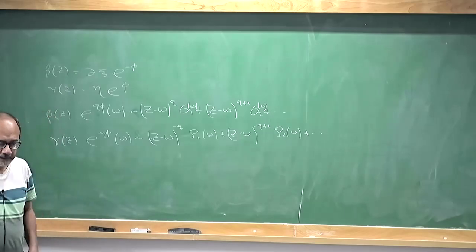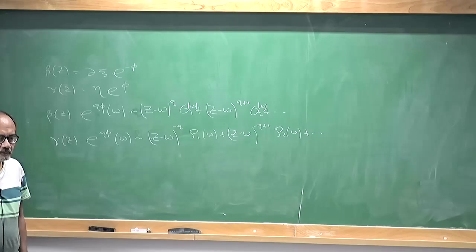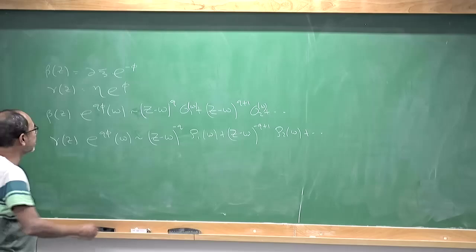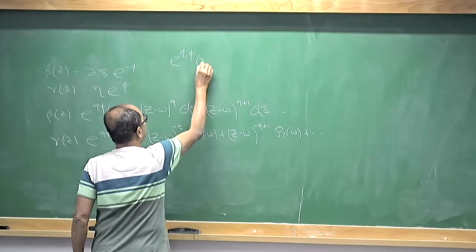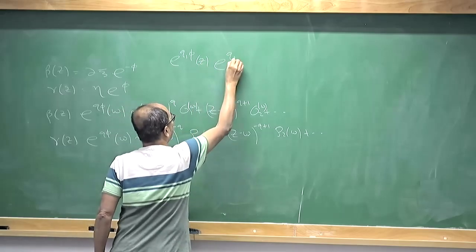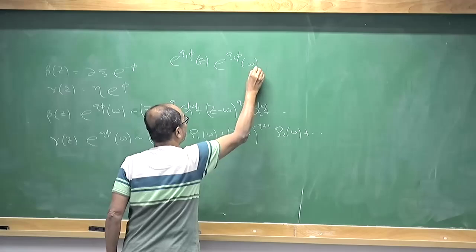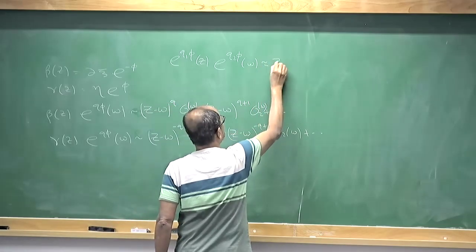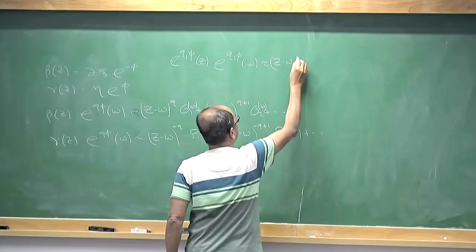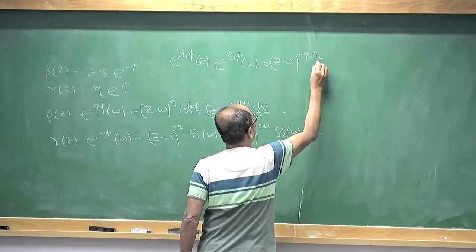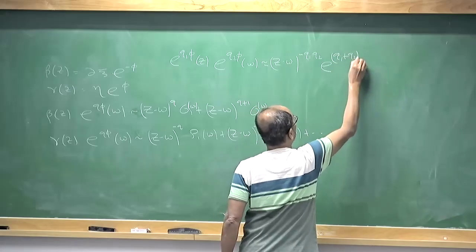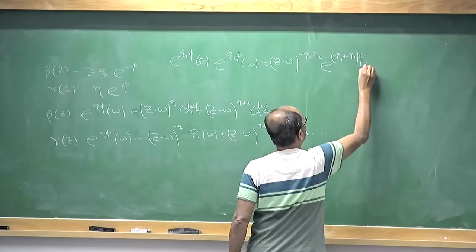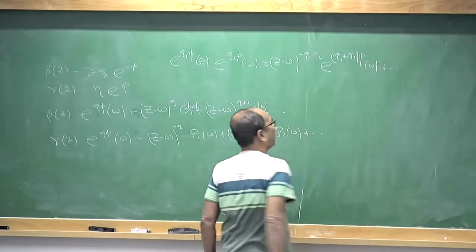Okay, it will have an expansion of this form. Is that clear? Here I am using the OPE that e^{q1 φ}(z) e^{q2 φ}(w) = (z−w)^{−q1 q2} e^{(q1+q2) φ}(w) plus higher order terms.